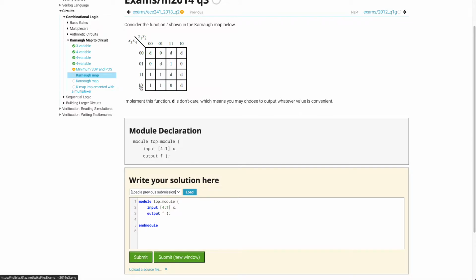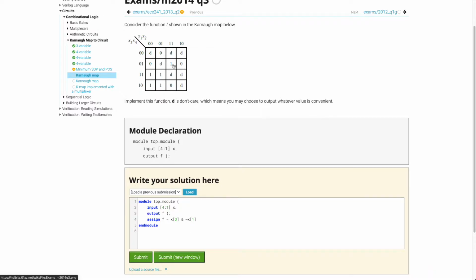This is saying if x3 is 1 and x1 is 0, that'll cover these. So x3 is 1 and x1 is 0.